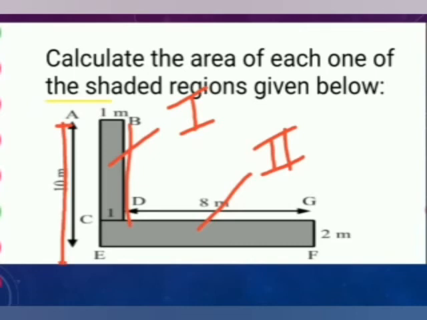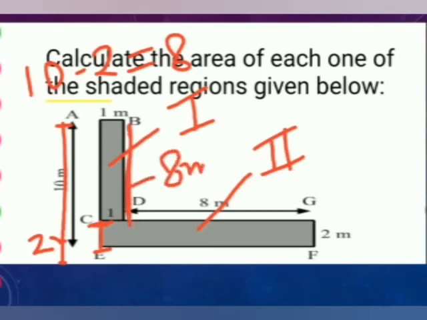From A to E the distance is 10 meter, and CE is 2 meter. So if from this 10 we subtract this 2, the length of BD will be 8 meter, and the length is 1 meter.